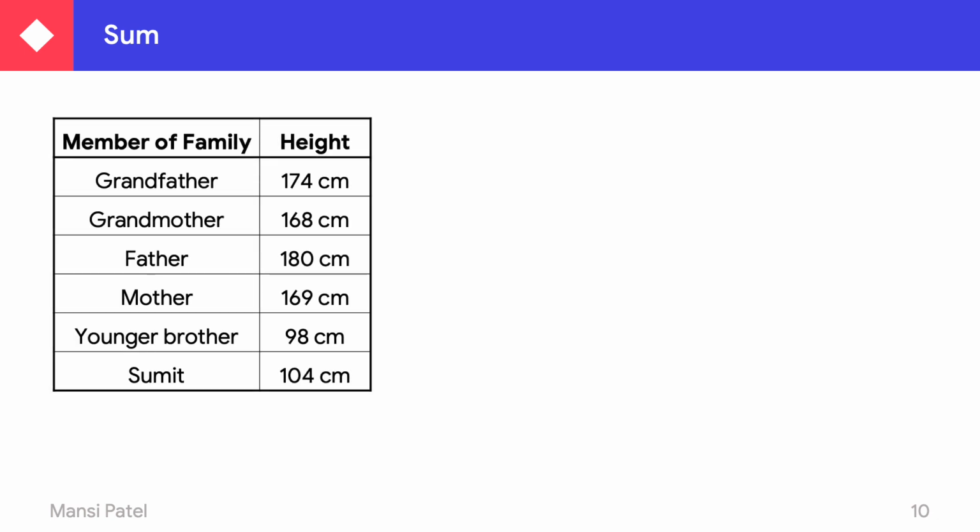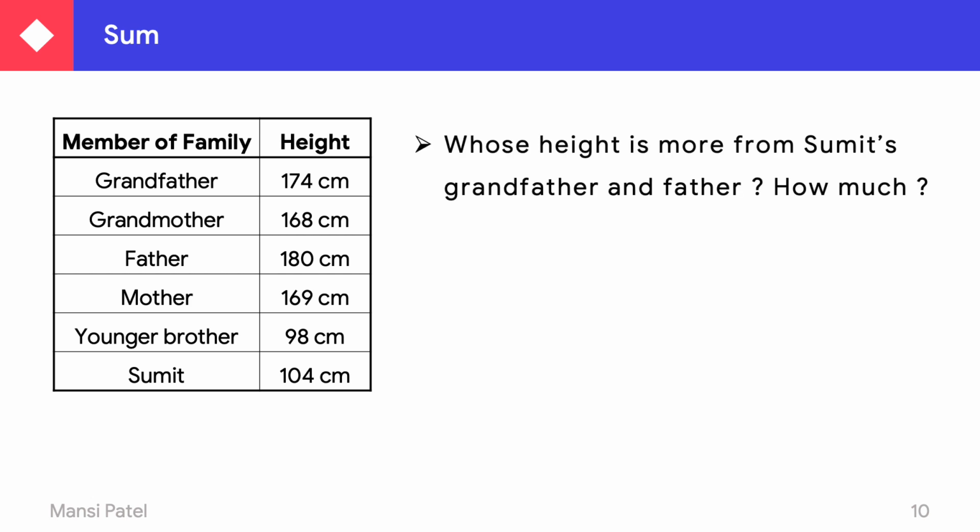Let us see some another question regarding the same table. Whose height is more from Sumit's grandfather and father? So here you have to tell whose height is more. More means maximum. Who is the tallest from this? Grandfather or father?